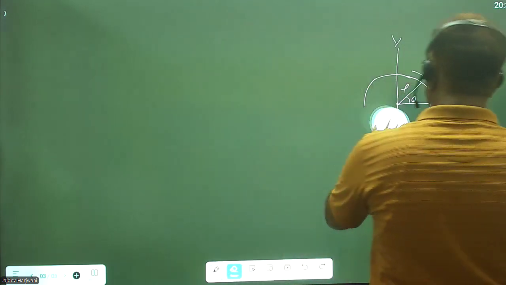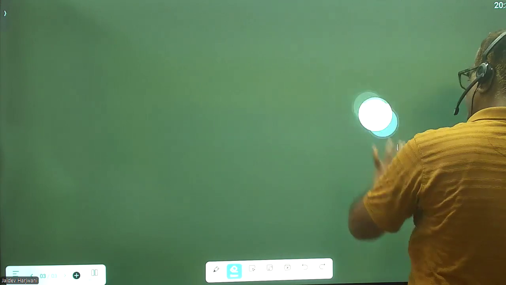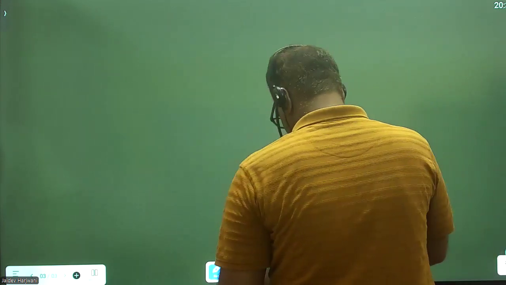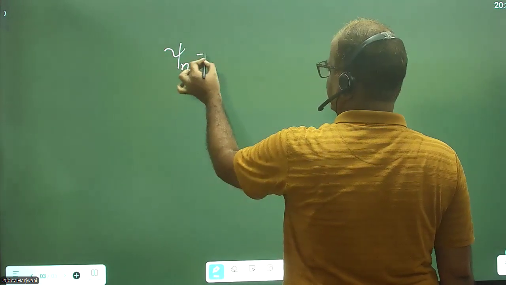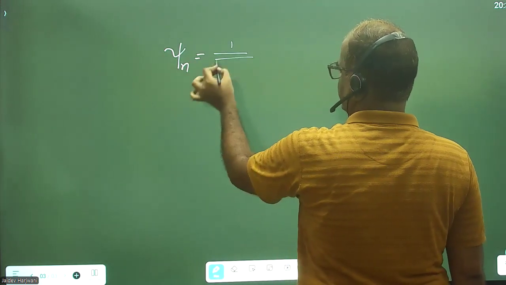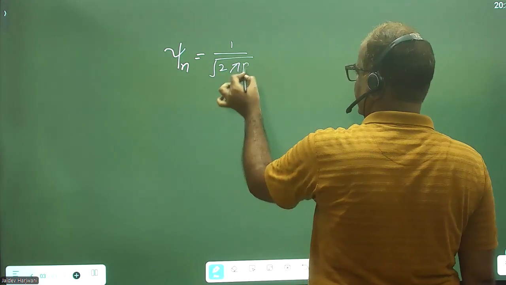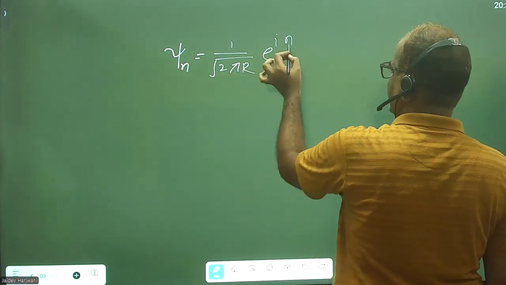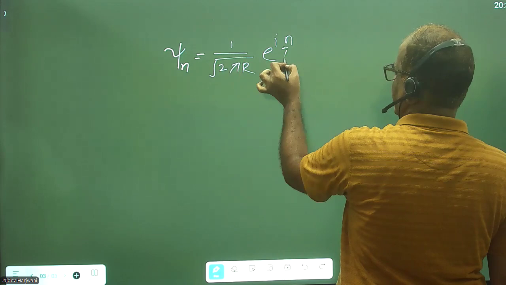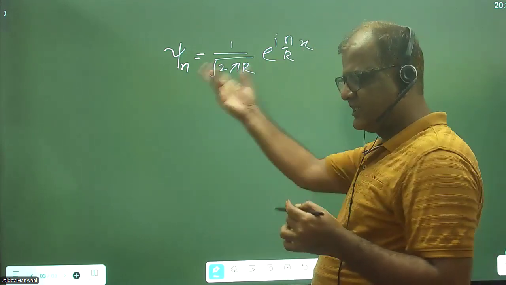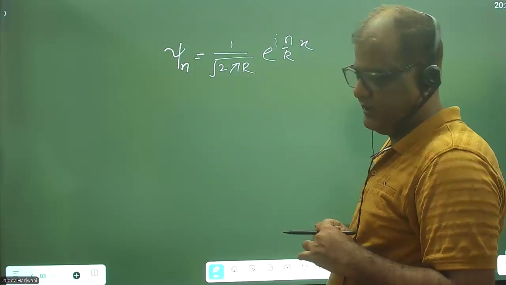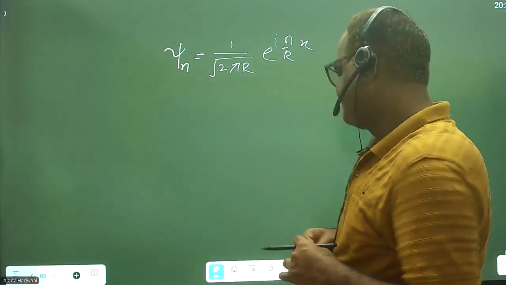Now, for example, we have a state here: psi n equals 1 upon root 2 pi r, e power iota n by r x. So what is the probability that this is state 1, state 2, state 3 that we want to calculate?